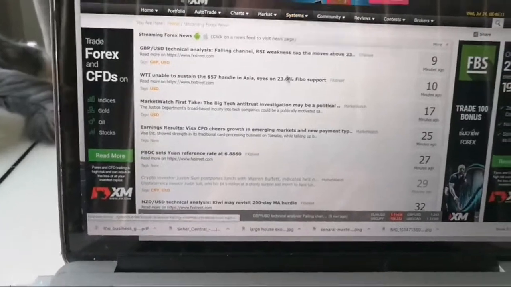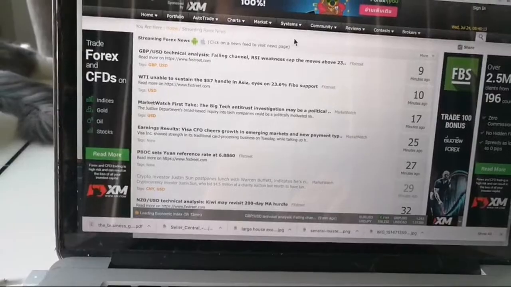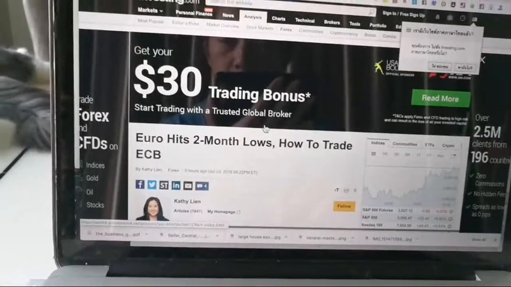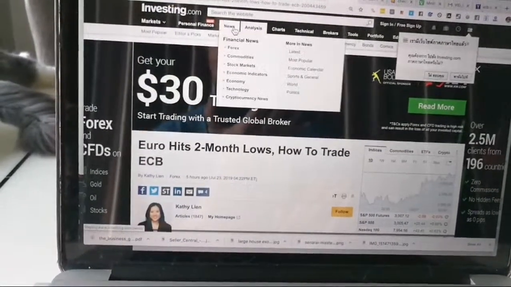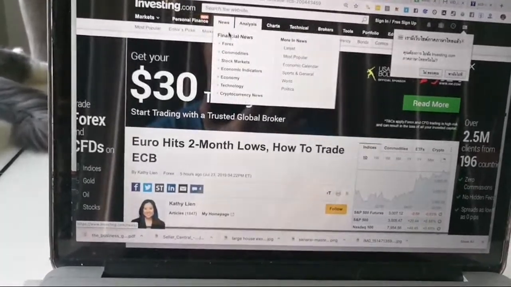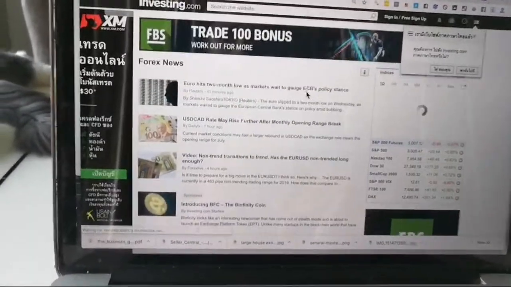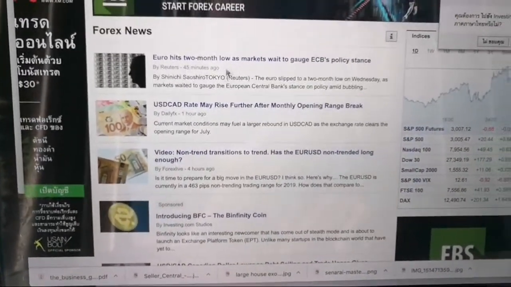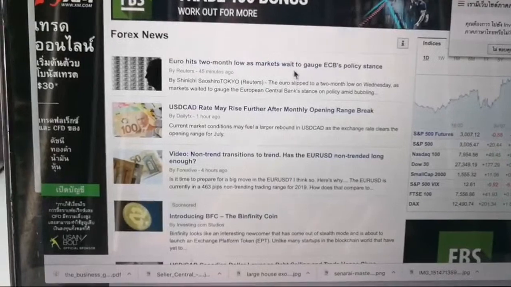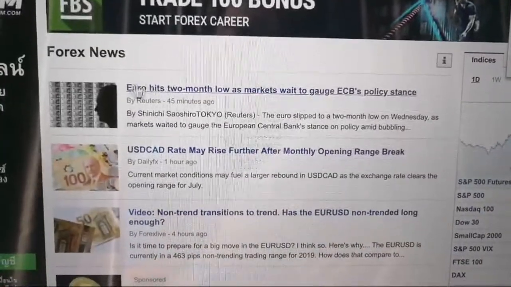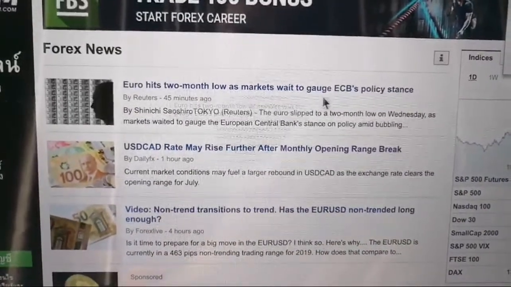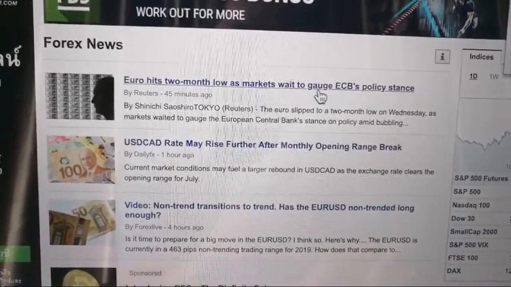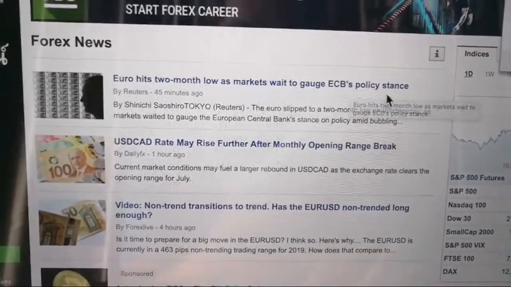All right, news streaming page. There are two good sources of news that I like to look at: one would be investing.com and one is myfxbook.com. So basically what I would suggest is that you go and get some ideas. I immediately know from here that the markets are waiting to gauge ECB policy stance.